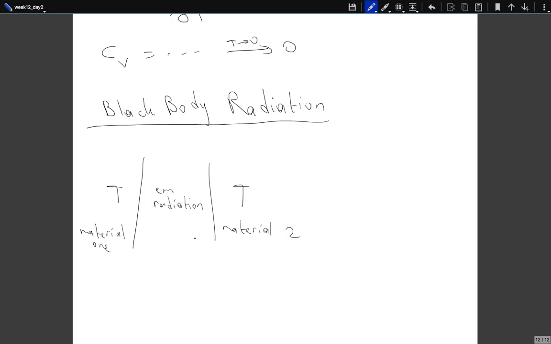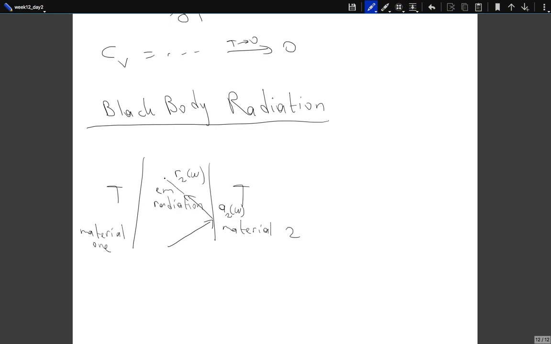So when some electromagnetic wave hits material 1, some of it is absorbed. The fraction that is absorbed, let's just call it A2 at the given frequency omega, and some of it will be reflected. And the reflected fraction, let's just call it R2 omega.